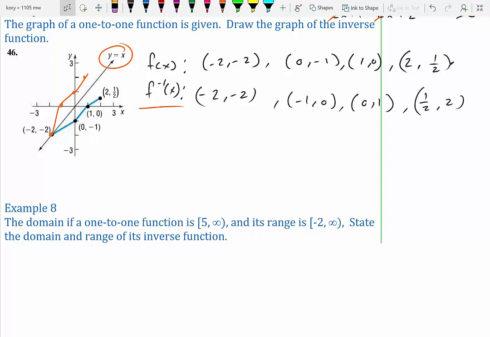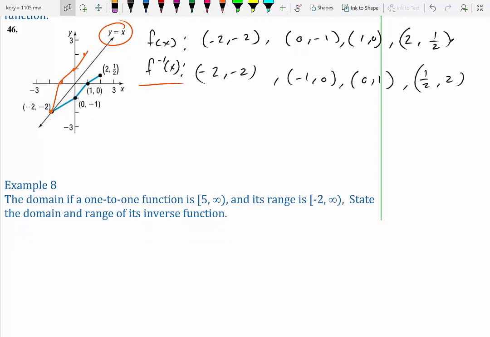Example 8. The domain of a one-to-one function is 5 to infinity, and its range is negative 2 to infinity. State the domain and range of the inverse function. So if you just switch the x's and the y's, what do you think we should do to the domain and range? Yeah, you just switch it.